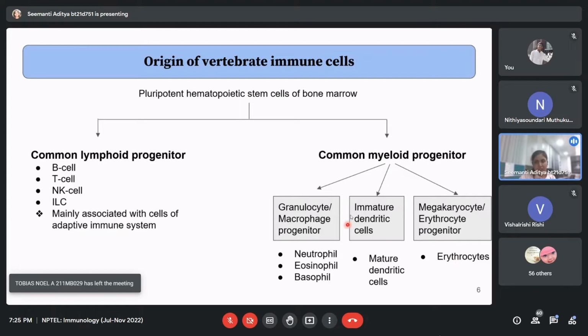Apart from that, the immature dendritic cells also come from the myeloid progenitor, which again will develop into mature dendritic cells. So both these progenitor cells are responsible for the development of the immune cells in our body, both the innate immune cells and the adaptive immune cells. And as we saw, dendritic cells may be an intermediate mediator between the innate immunity and the adaptive immunity.